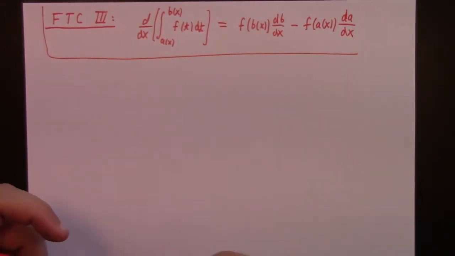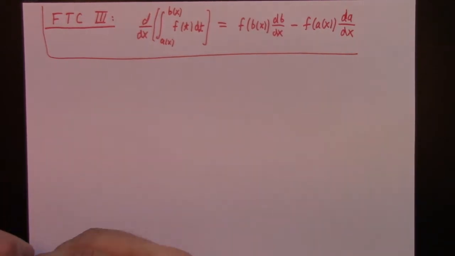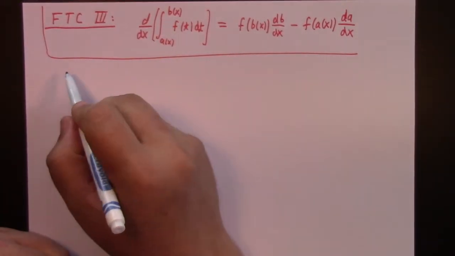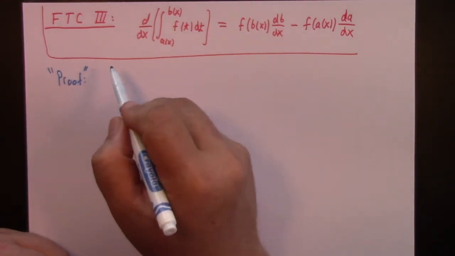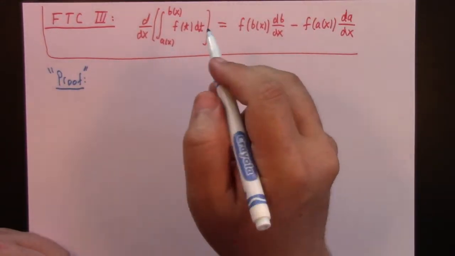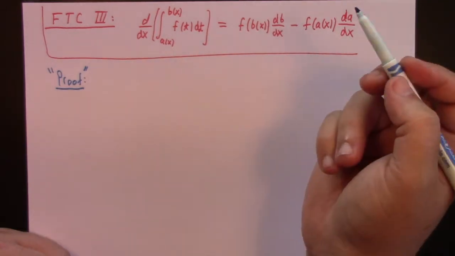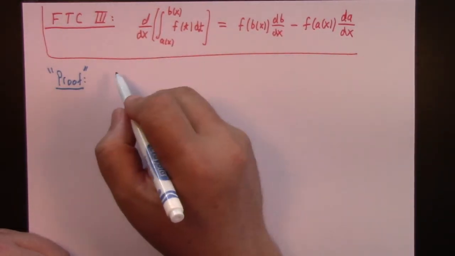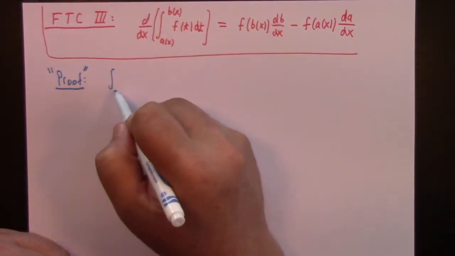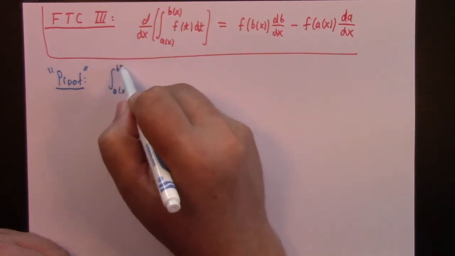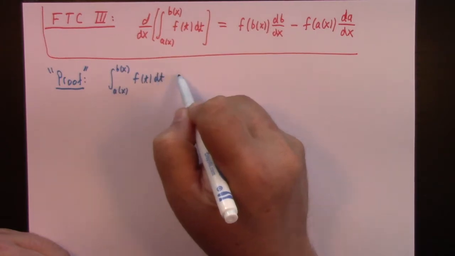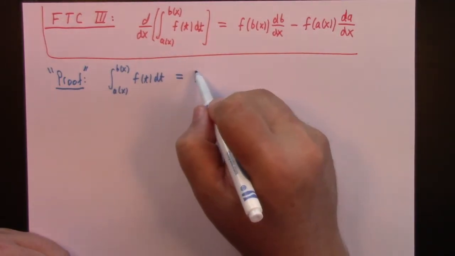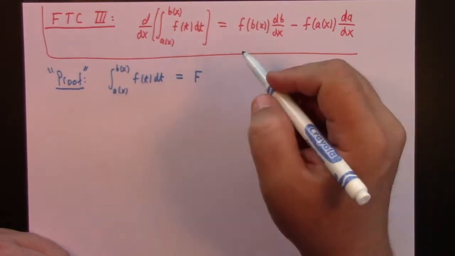So it's a variant of FTC1, and let me show you how I think of FTC3 as being derived from FTC2. So here's a proof. I'll put it in quotes since there probably are some gaps here. But here's a plausibility argument at a minimum. The integral from a(x) to b(x) of f(t) dt is going to be the antiderivative of f, which exists because f is continuous, I'm assuming that.